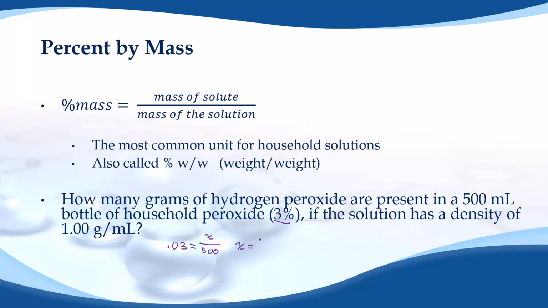Well, we have a 3% solution equals mass of the solute, which we don't know, divided by 500 grams of solution because the density is 1. We solve for our unknown x, and we get 15 grams. So 500 milliliters or 500 grams of household peroxide has 15 grams of hydrogen peroxide dissolved in it. Right, so that's percent by mass. Very easy, very straightforward. Math works the exact same as percent composition.